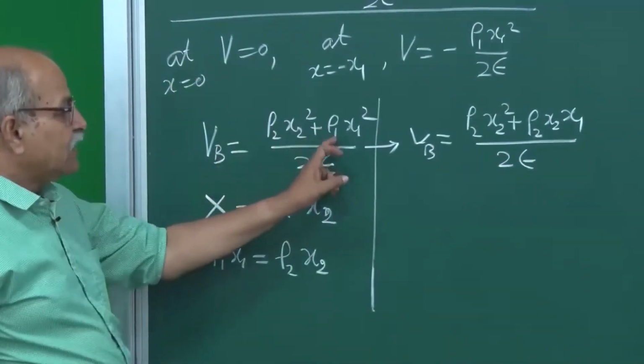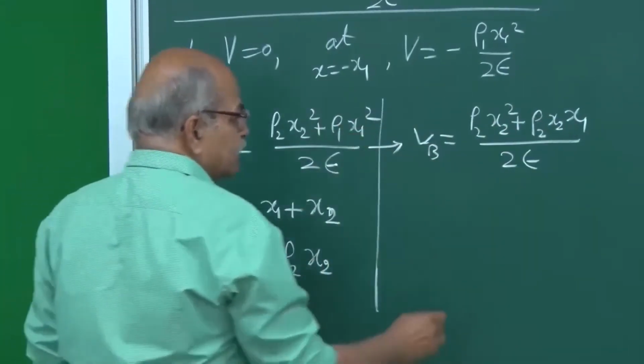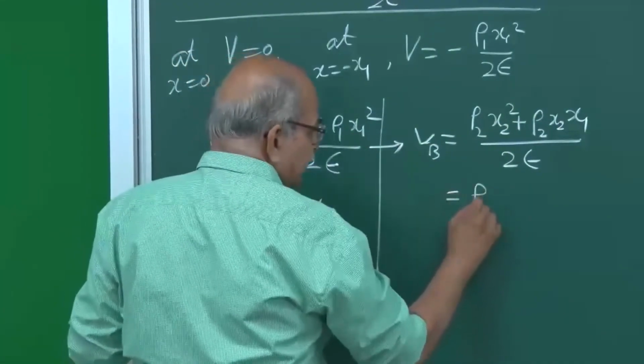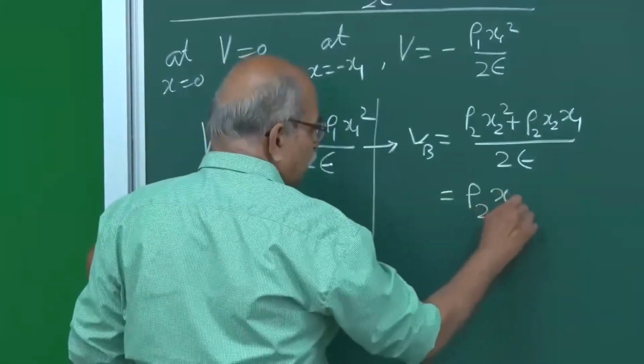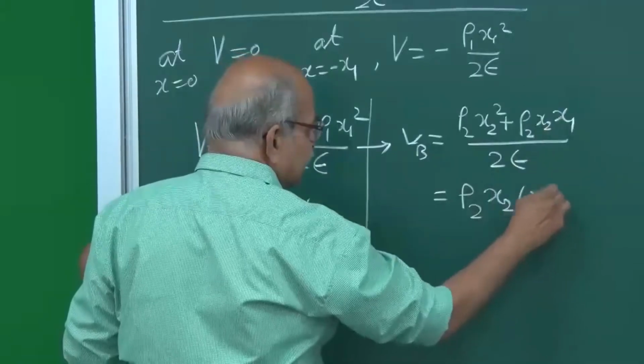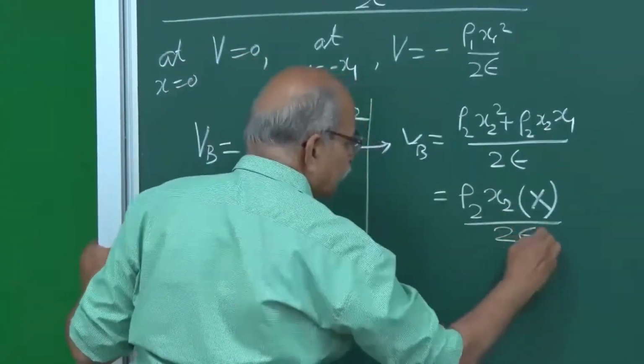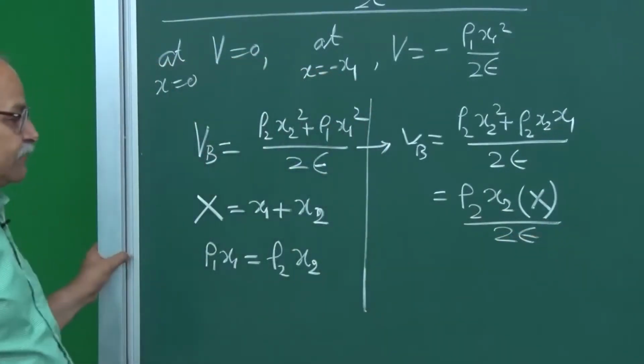Right, this rho 1 x1 is rho 2 x2 and one more x1 here. So it is this, and you take rho 2 x2 common and you get x2 plus x1, which is capital X. So this is 1.